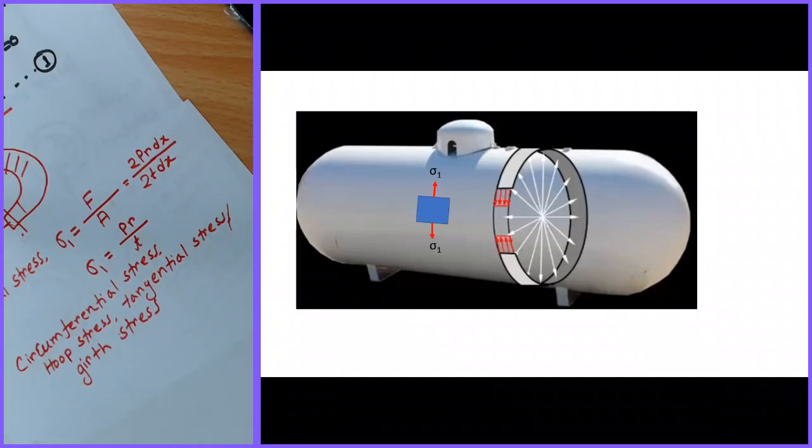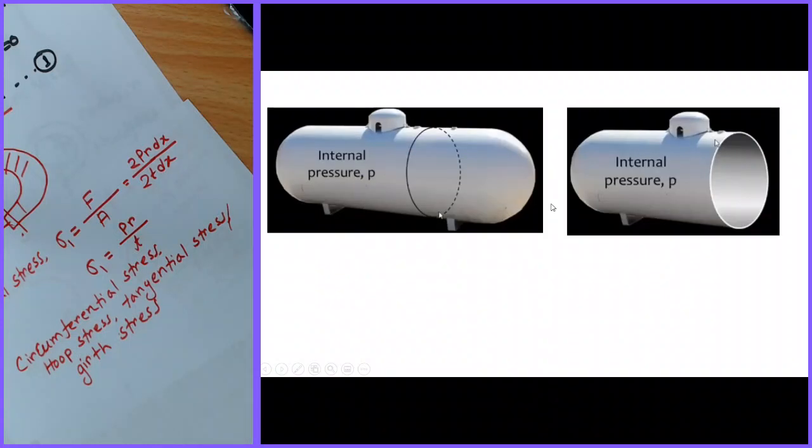Okay, so now if you look at this picture, this sigma 1 is directed along the circumference, and this hoop strip acts in the circumferential direction. Okay, now let's consider another scenario.